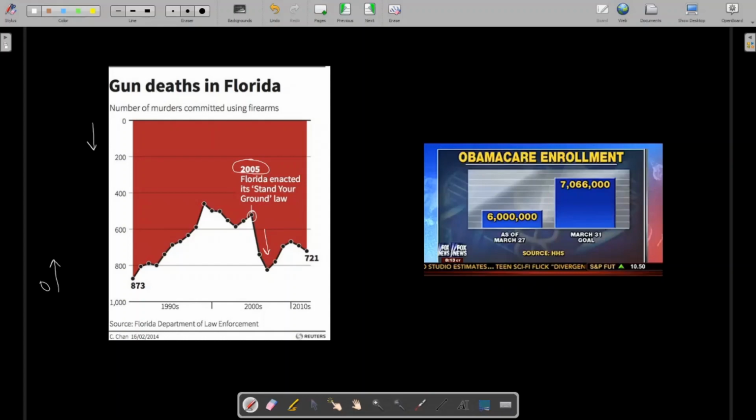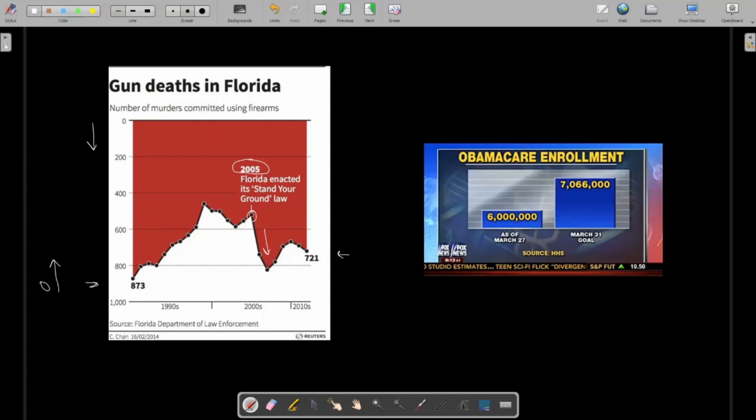And the other thing people are going to look at is this 873 and then see this 721 and conclude, wow, things have gotten better. There are fewer gun deaths. But in reality, all of the decreasing in gun deaths actually happened before this said law.